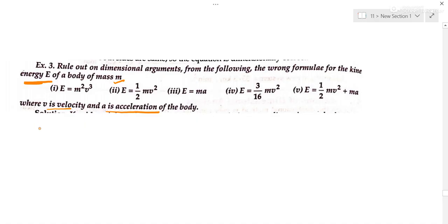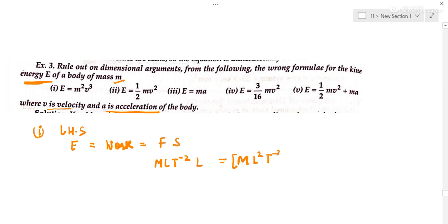Like suppose I am checking first. Left hand side is E for all, so that is okay. Energy is work. Work is force into displacement. Force is MLT minus 2 and displacement is L. So it is coming as ML2T minus 2. This is my left hand side ready.